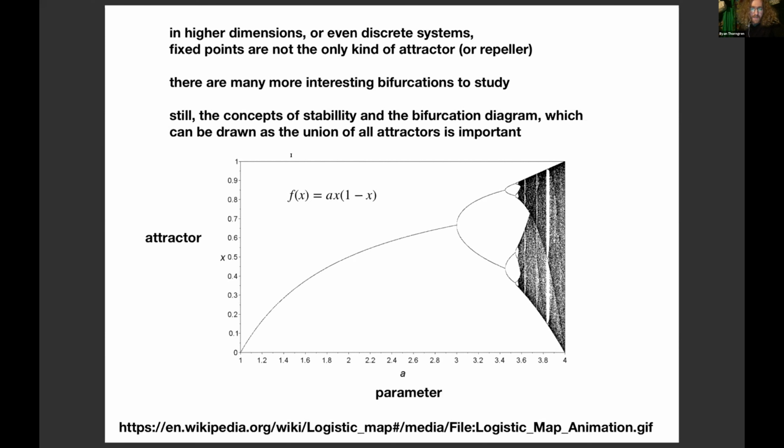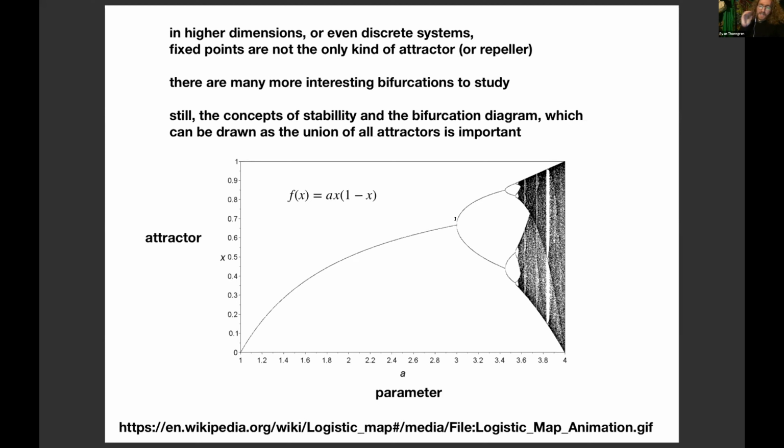So for any value of A, what's drawn here is the fixed point corresponding to that value of A. And as you tune A, this fixed point is moving, it's hanging out, it's hanging out. Here, it just disappears. If we were just plotting fixed points, this diagram would end right here.